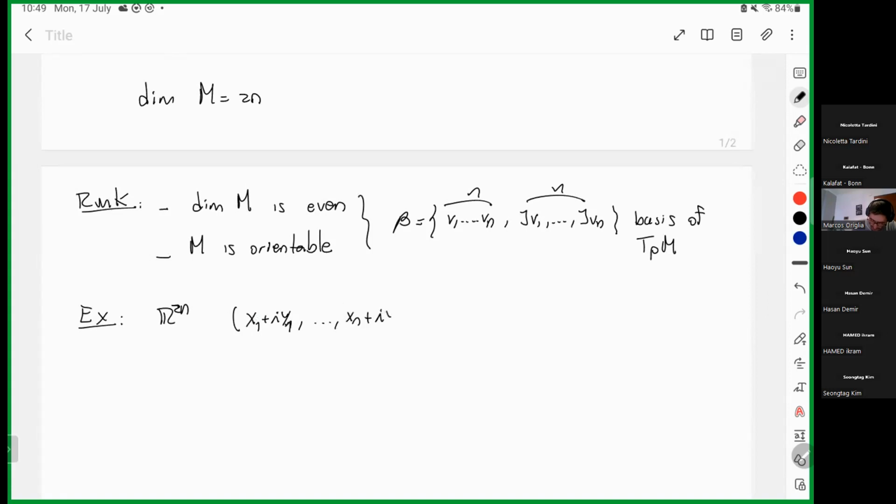So this should be the complex ones, but we want real manifolds. So yeah, we have just the identification of R^{2n} with C^n. These are our local coordinates.